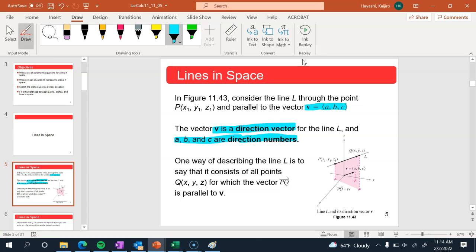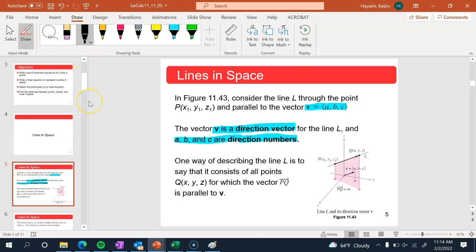Okay, so one way to describe this line is to say that it essentially starts at this point and it goes off forever in either direction.